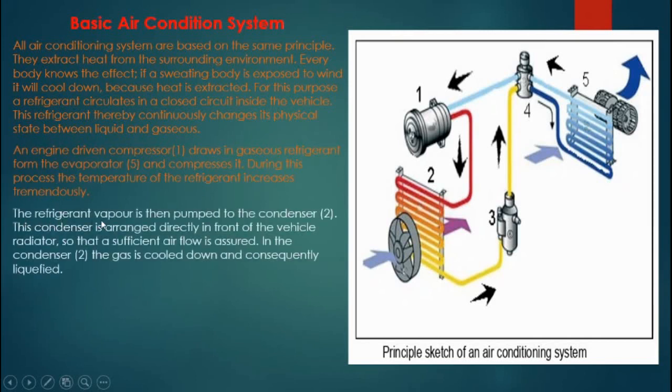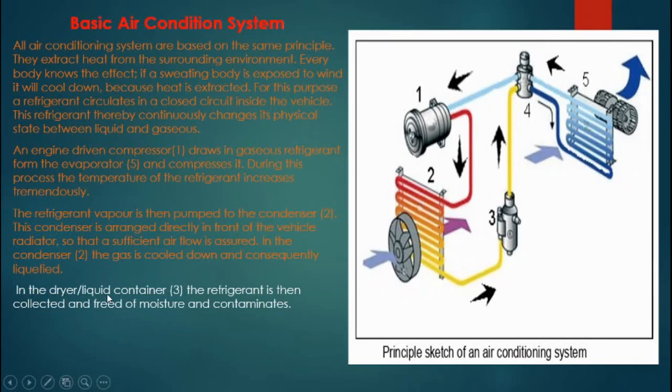The refrigerant vapor is then pumped to the condenser. This condenser is arranged directly in front of the vehicle radiator so that a sufficient airflow is assured. In the condenser 2, the gas is cooled down and consequently liquefied.